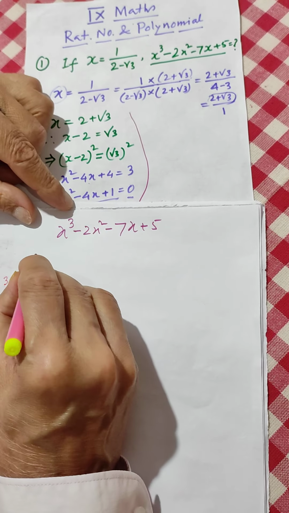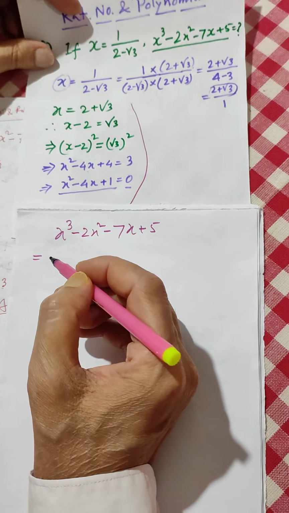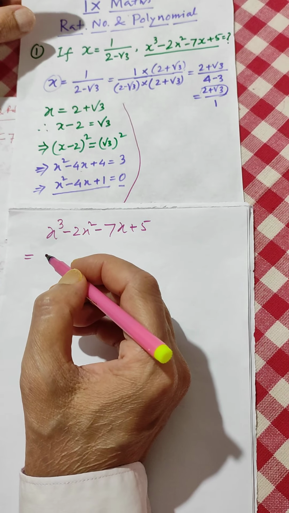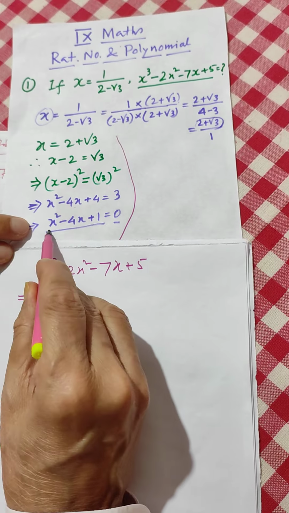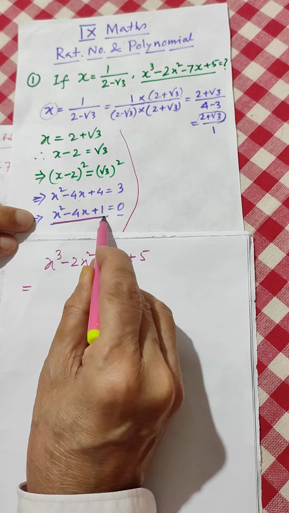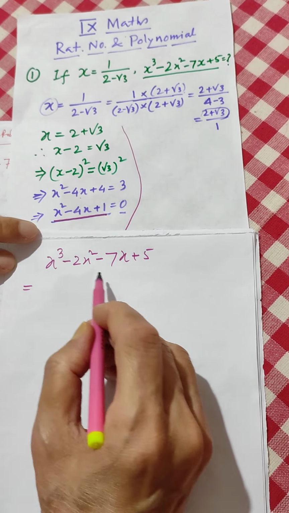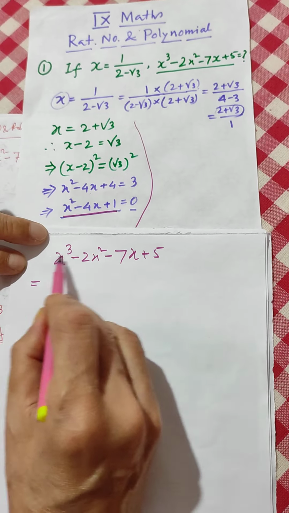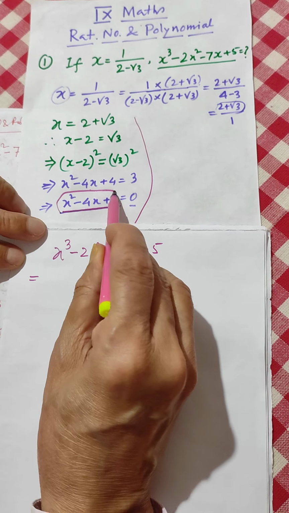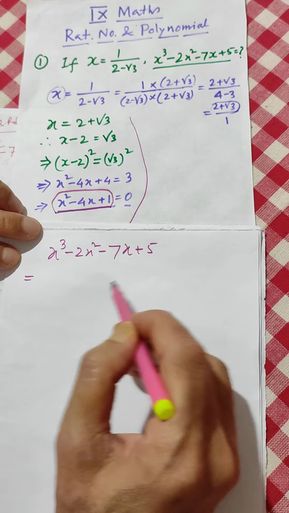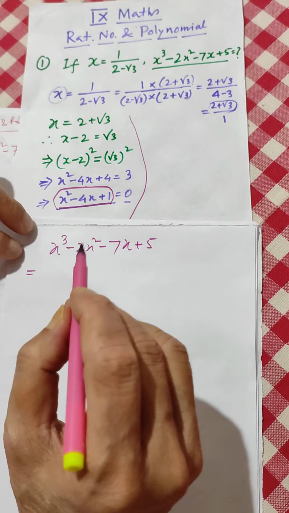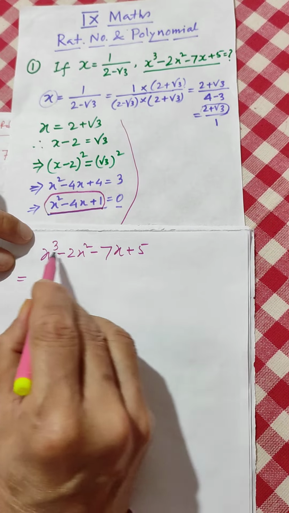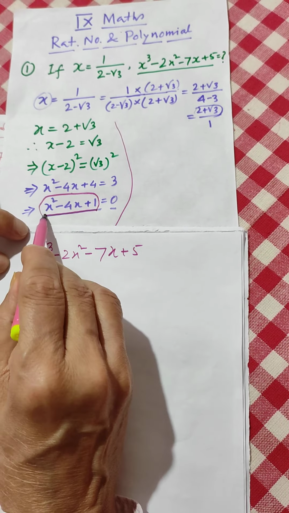Now we have to follow a method which is called the adjustment method. We got this expression whose value is 0. Now we will try to express the given expression in terms of this expression whose value is 0. Then things will become 0, so finally we will get a very simple answer. Our aim is to express this given polynomial in terms of this.